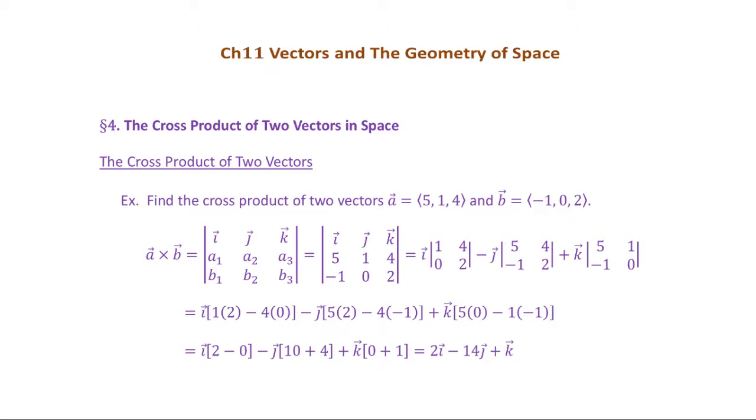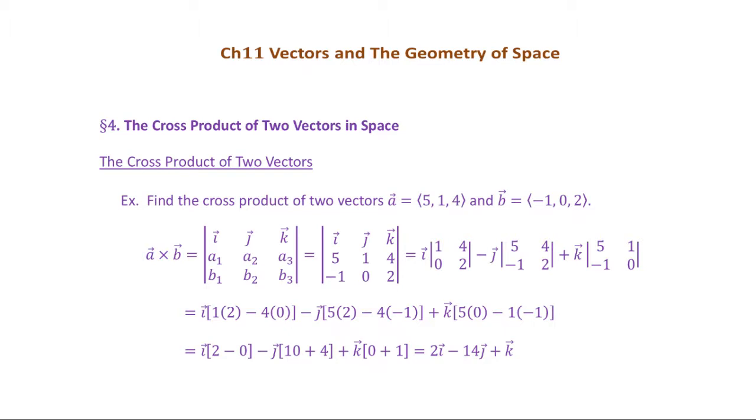And then you just expand this by the first row. So you get I times the determinant of the 2 by 2 matrix (1, 4, 0, 2), and then subtract. Go to the next entry in the first row: you get a negative J times the determinant of the 2 by 2 matrix (5, 4, negative 1, 2), and then plus, go to the next entry in the first row, you come back to the positive again.